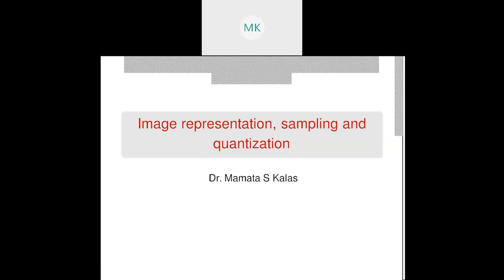When x, y, and the intensity values of f are all finite discrete quantities, we call the image a digital image. A digital image is composed of a finite set of elements, each of which has a particular location and value. These elements, which are picture elements, are pixels.